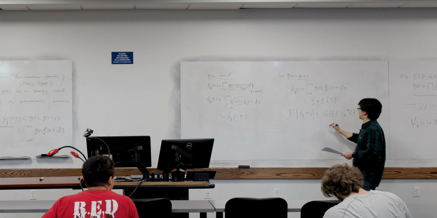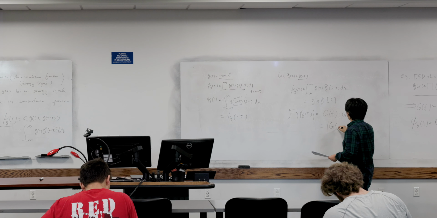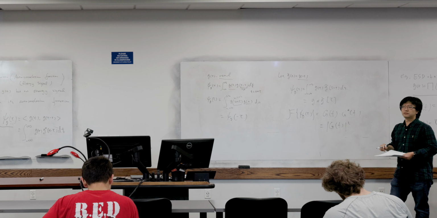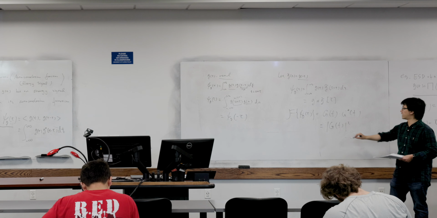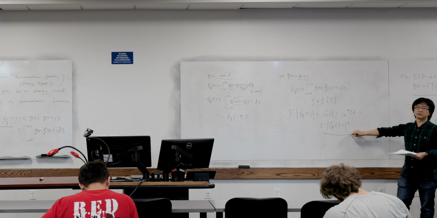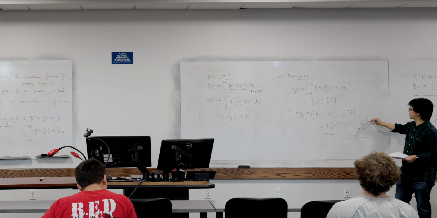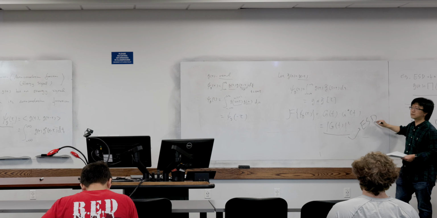And then what does that equal to? It's G(f) squared, the norm squared of G(f). Who still remembers what that is? It's our energy spectrum density.